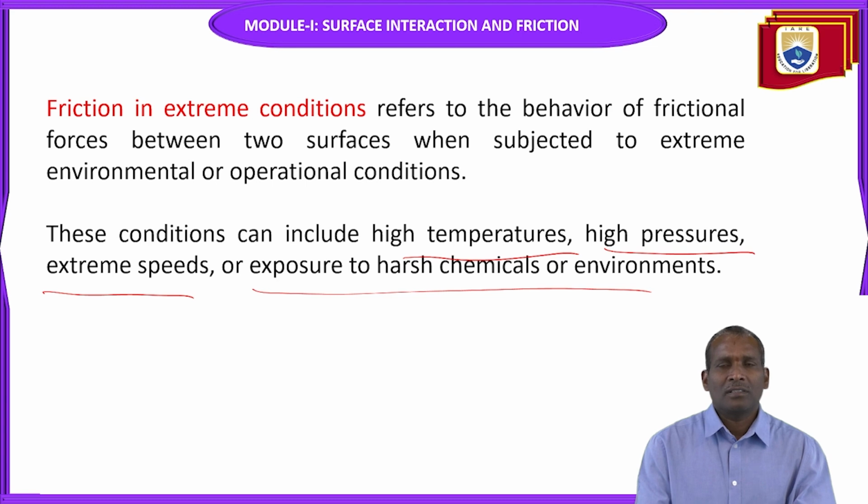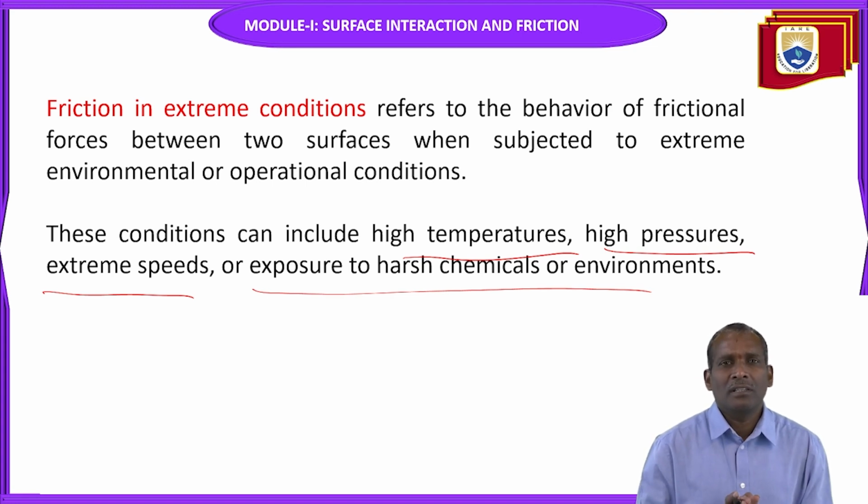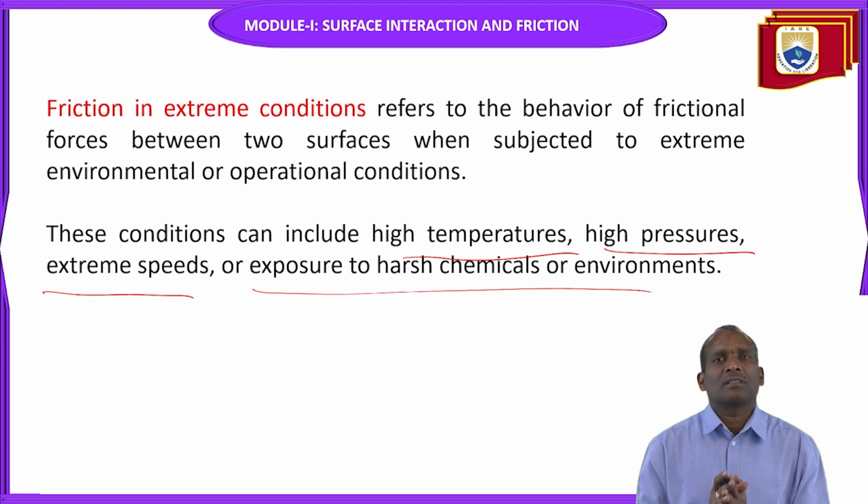Whenever surfaces are subjected to high temperatures, or to high pressure, or similarly extreme speeds, or exposure to very dangerous chemicals or certain environments like high moisture conditions, these are the conditions involved in friction in extreme conditions.